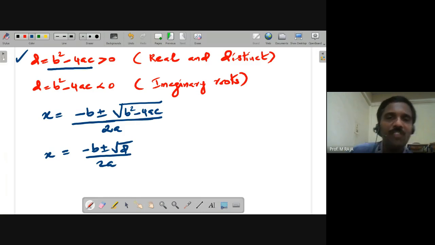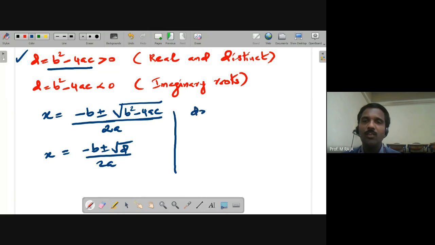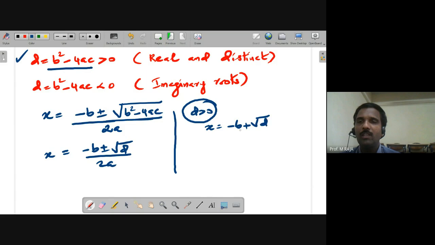When d is greater than 0, we have a positive real number, the square root can be taken, and we can evaluate two roots. x is equal to minus b plus square root of d by 2a; call this x1.